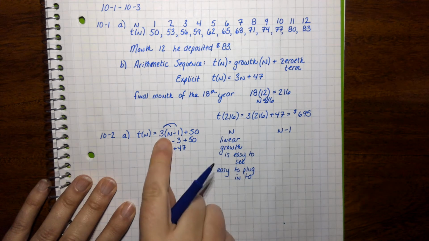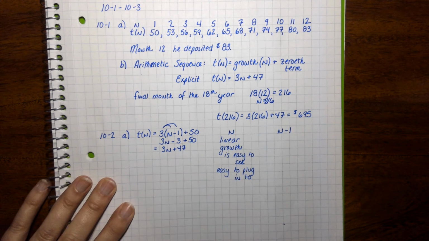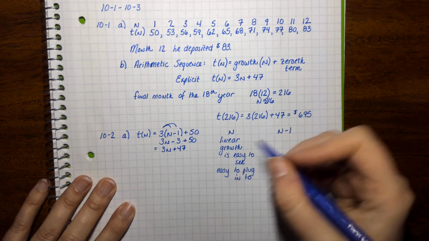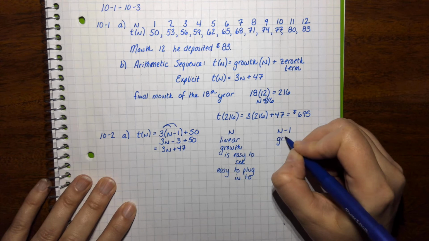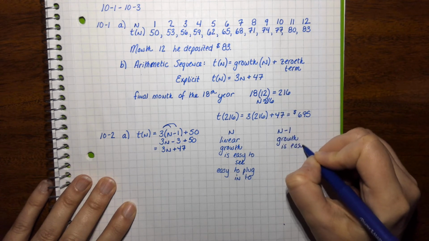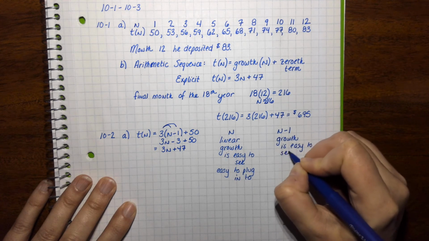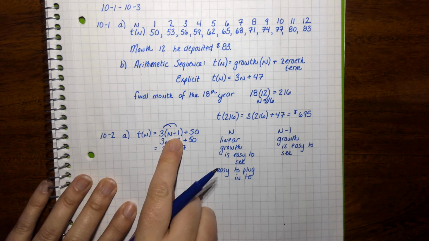What are the advantages of writing the equation in Uncle Zachary's way? Really, it's also linear. It's not as easy to see the growth. But the major advantage of Uncle Zachary's form is that you don't have to find the 47.